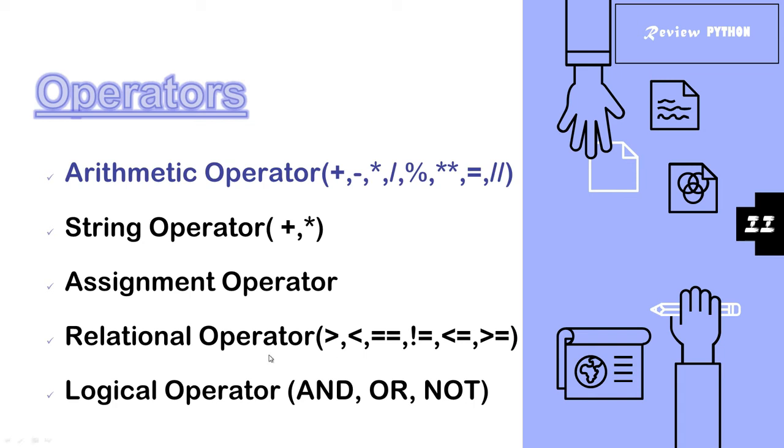Last but not the least, we have logical operators. Now these operators help us to perform some logical tasks. For example, the three operators are and, or, and the third one is not. Not operator is the simplest one, as it completely changes the value. It will make the false value true or the true value false.